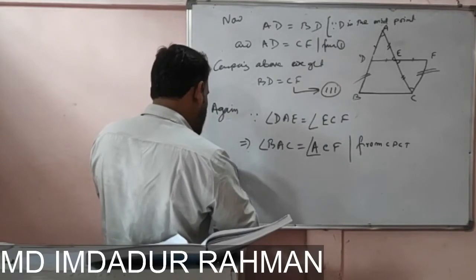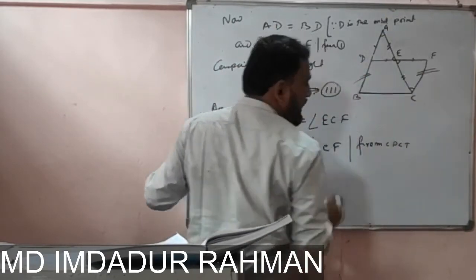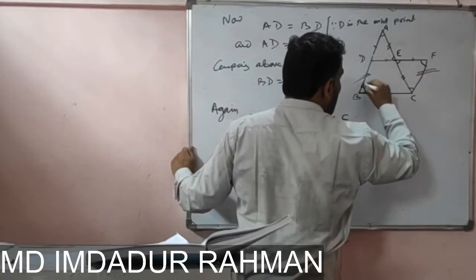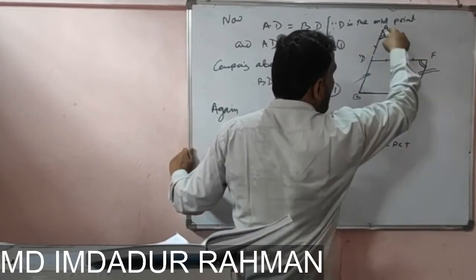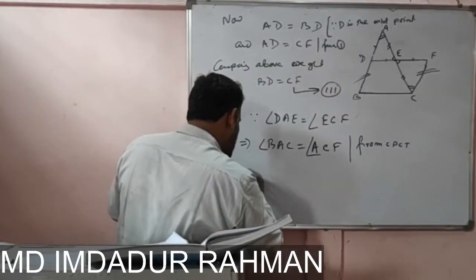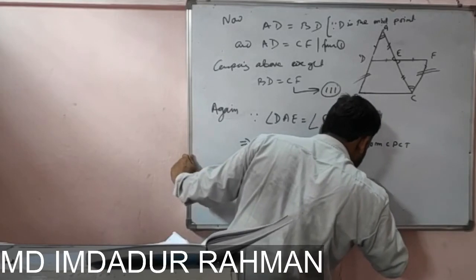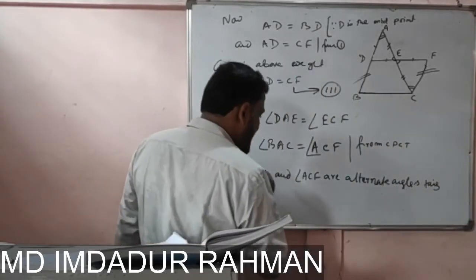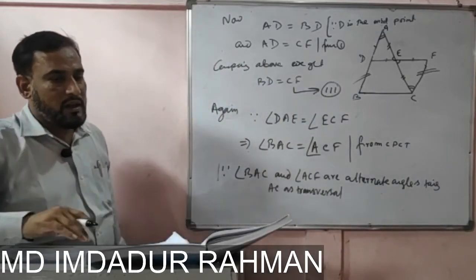So again, since BAC and ACF are alternate angles, taking AC as transversal, then what we get?